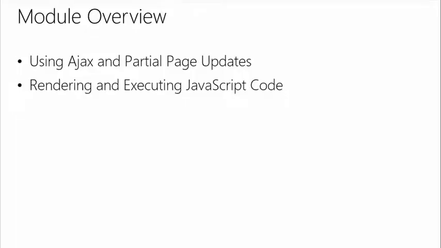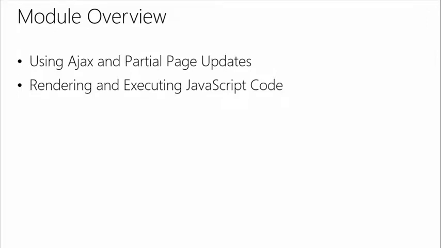You're very welcome. So now, what we want to roll into is making our pages more responsive, making our pages more robust. And all of that's going to be done with JavaScript. Now, what we're going to see in this module is really kind of two halves. We're going to talk a bit about Ajax and partial page updates.